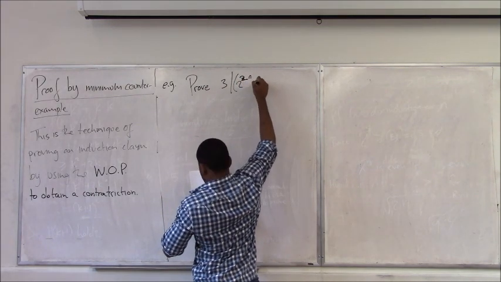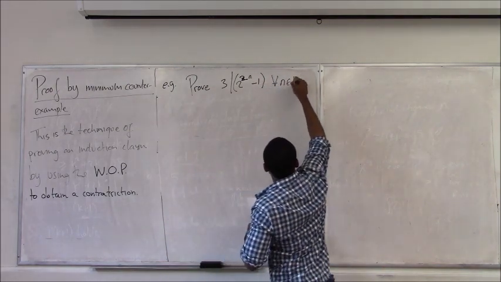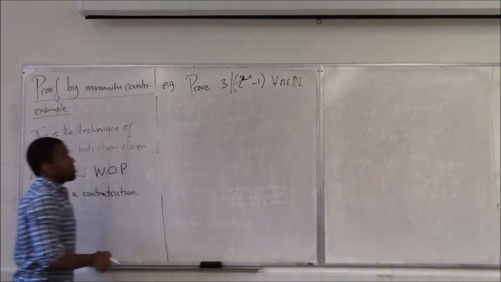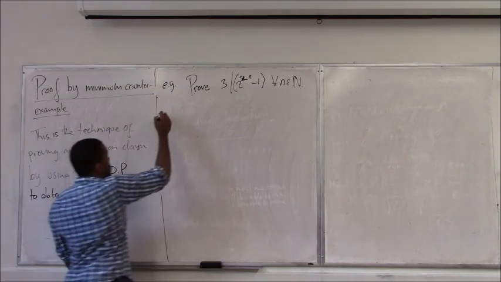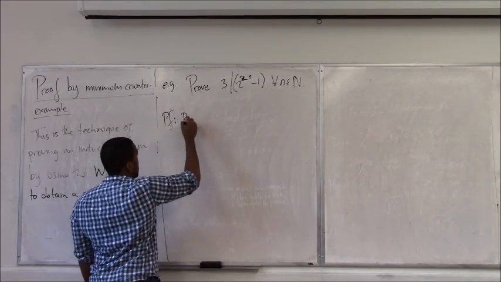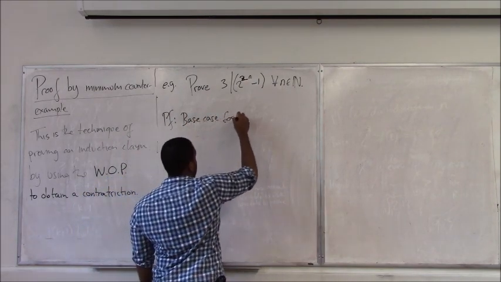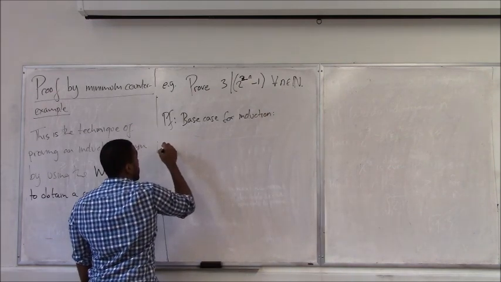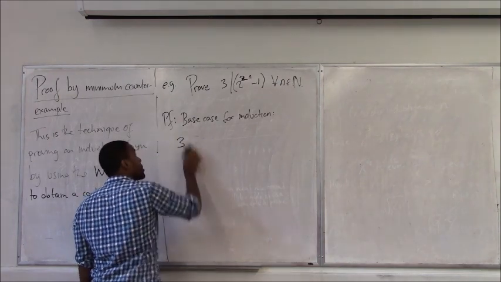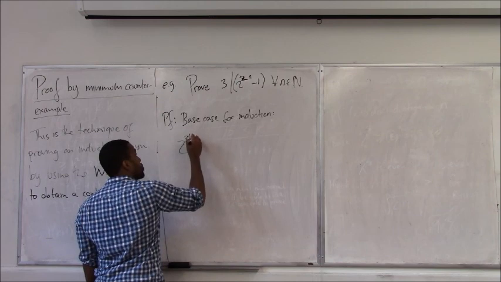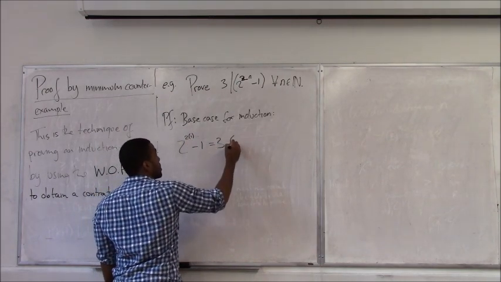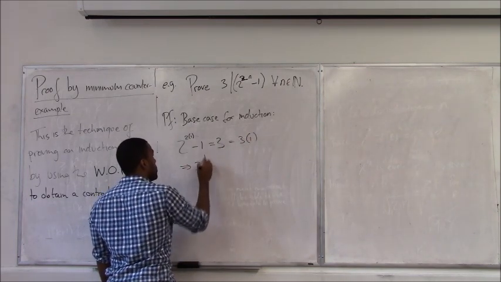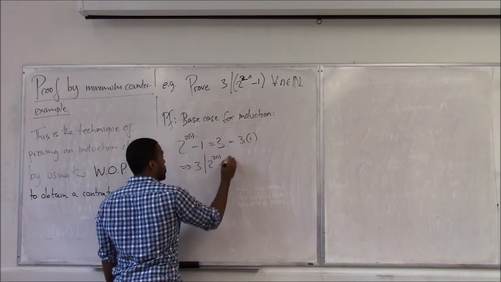3 divides 2 to the 2n minus 1 for all n. Proof. We start out with induction. We want to verify P of 1. If I take 2 to the 2 times 1 minus 1, that is equal to 3, which is equal to 3 times 1, which means that 3 divides 2 to the 2 times 1 minus 1.